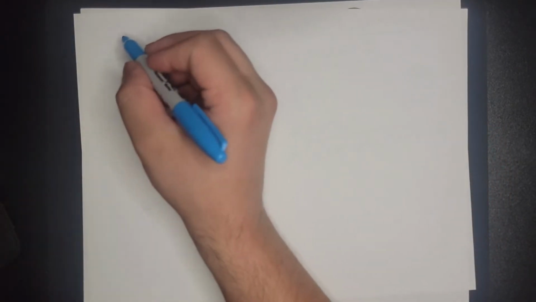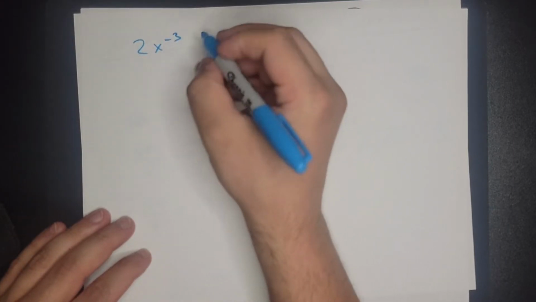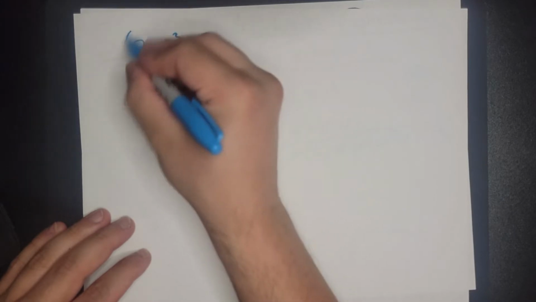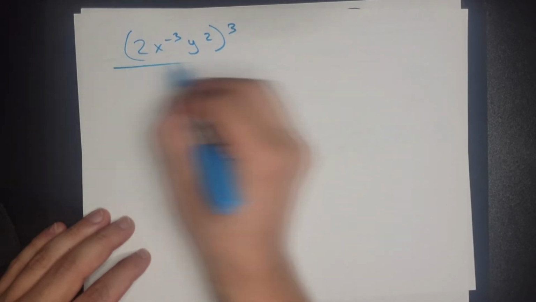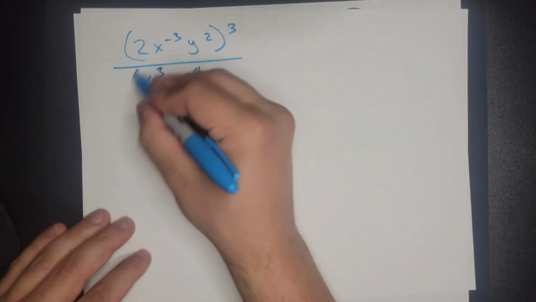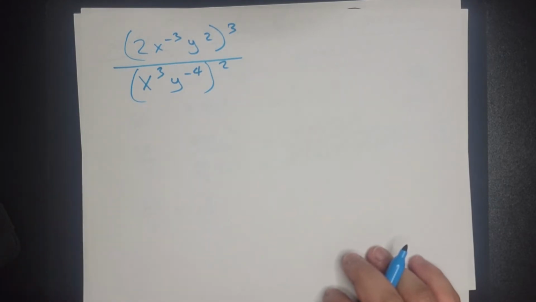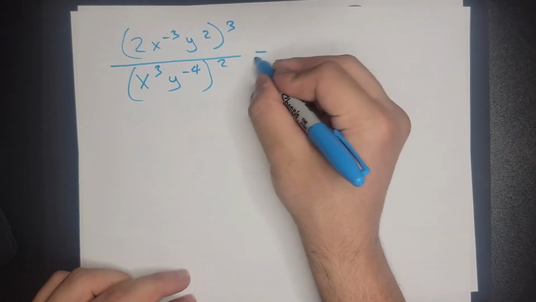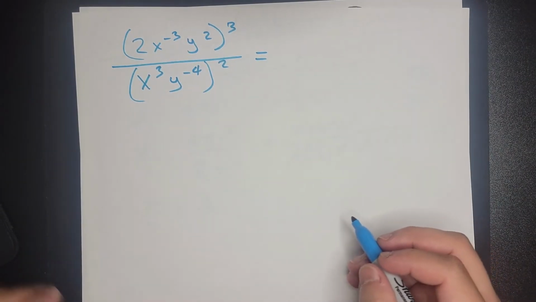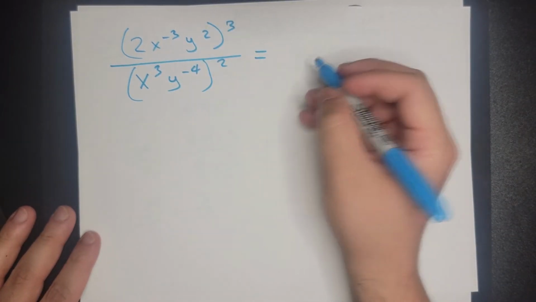Let's look at this. Let's say I have 2x to the negative 3 y squared, all cubed. This looks great. So let's start doing this one step at a time. So let's do the cubed, the exponent out here first.